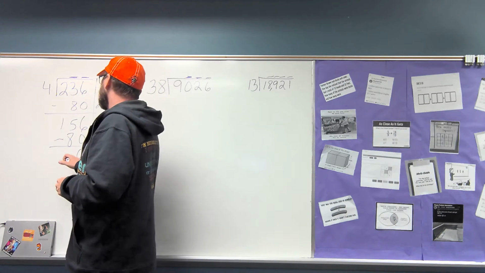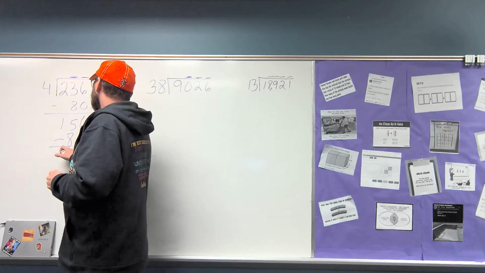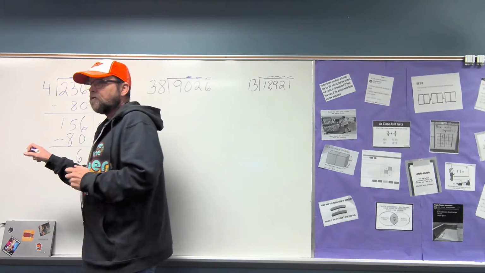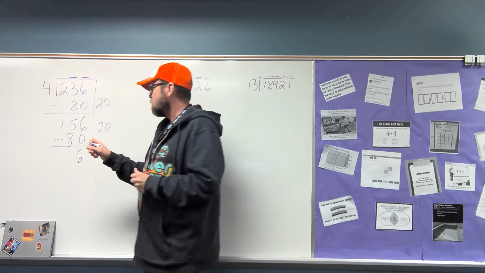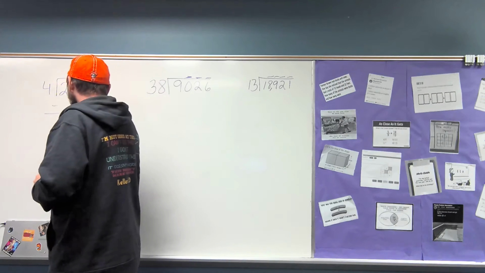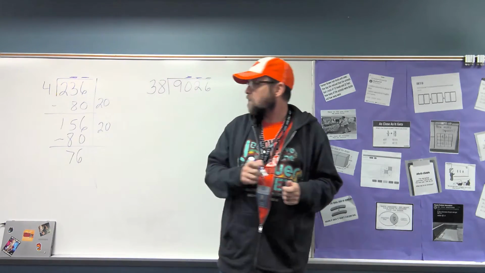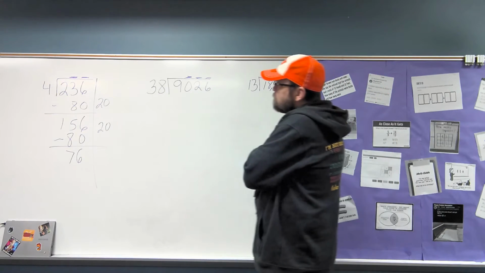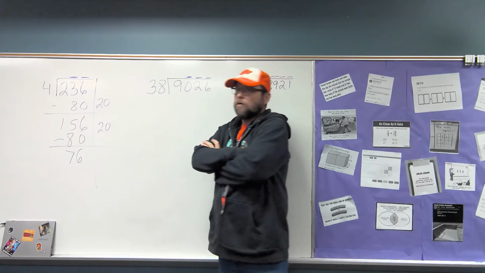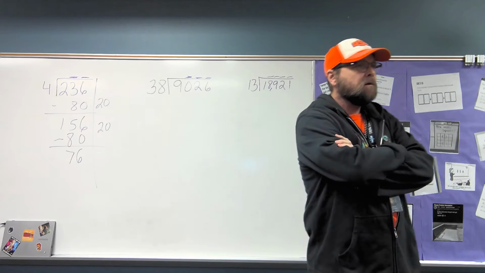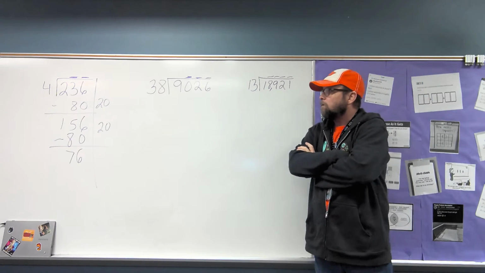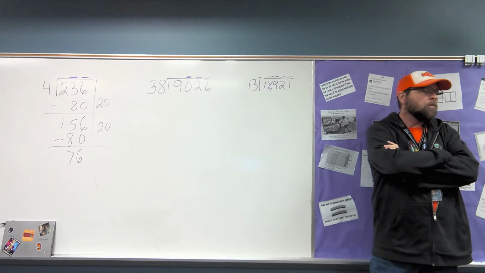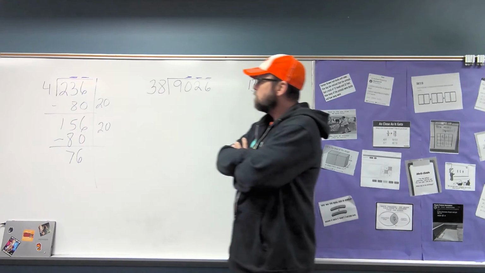15 subtract 8 is not 13. How can it be 13? 7. Okay, now I got 76. Now, I can't use 20, so I've got to use smaller than 20, right? And in our number talks, we've been practicing multiplying by things with zeros.